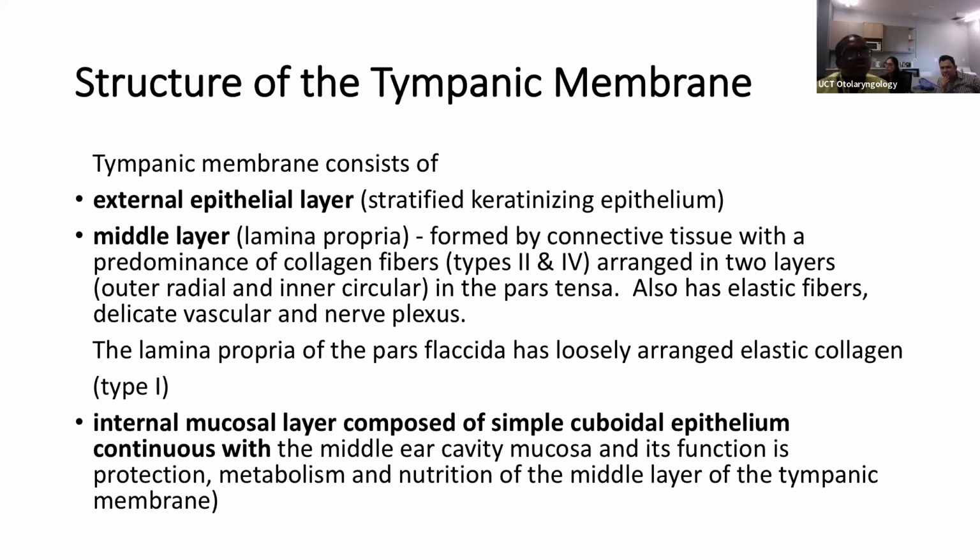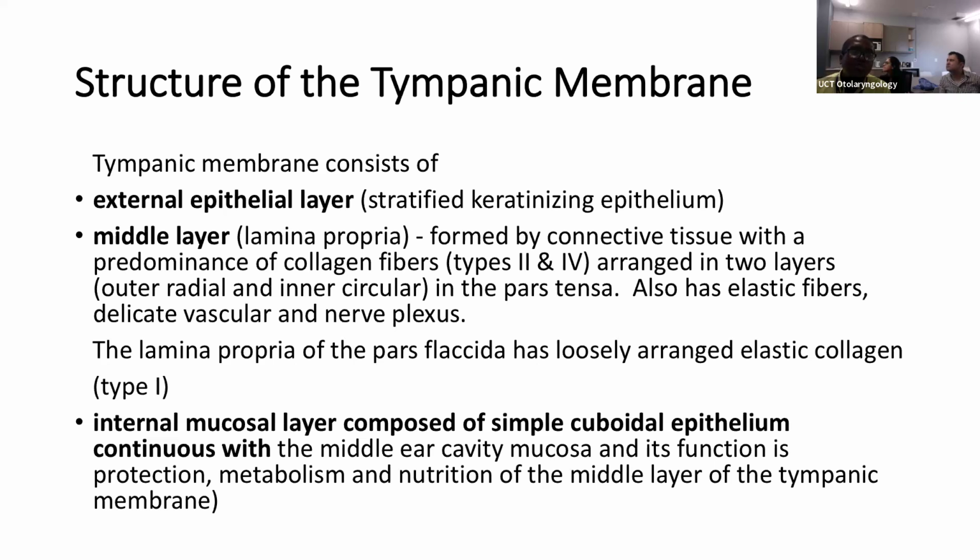Yes, please. So the structure of the tympanic membrane consists of three layers. The external epithelial layer, which is stratified keratinizing epithelium, is in continuity with the epithelium of the external auditory canal.